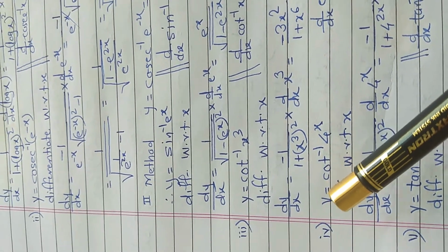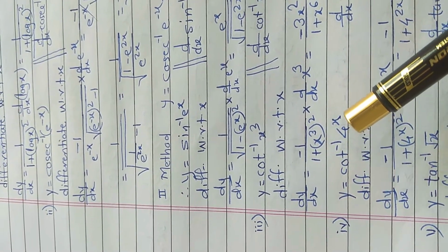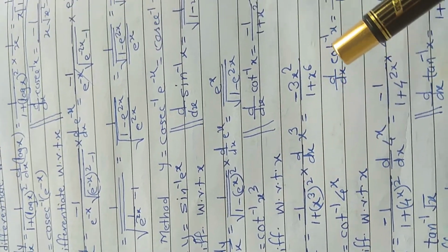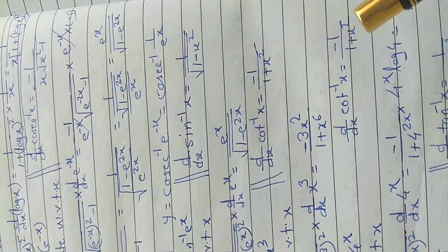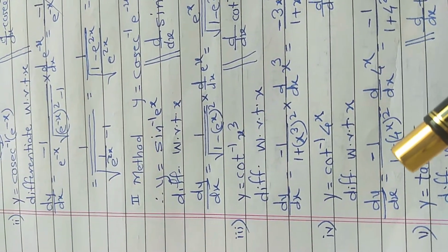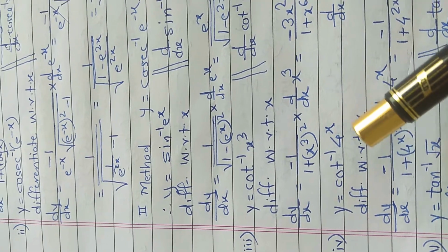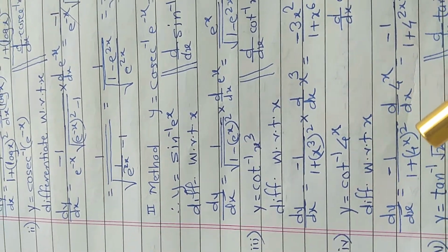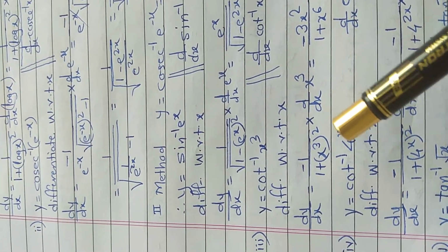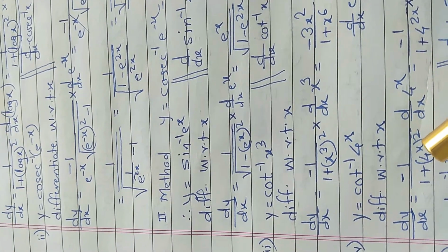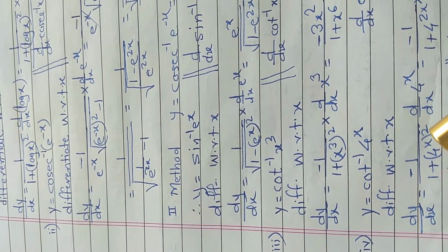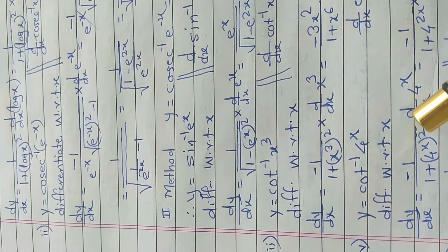Roman 4, y equal to cot inverse of 4 raised to x. Derivative of cot inverse once again is minus 1 upon 1 plus x square. But what is x here? It is 4 raised to x. So we have to write here 4 raised to x square.